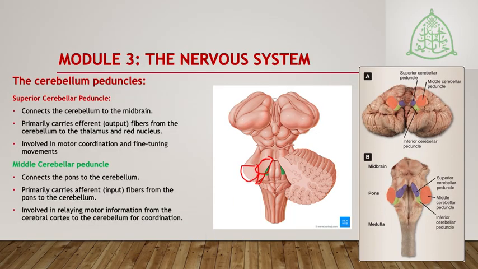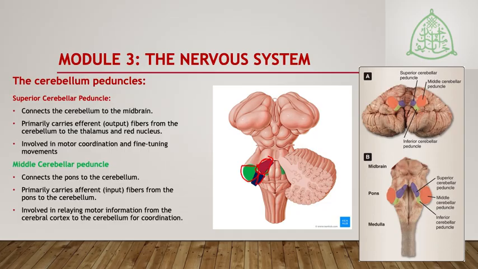Then, like we mentioned earlier, we have the middle, superior and inferior cerebellar peduncles, and like I said, the superior peduncle is connecting the cerebellum to the midbrain, and it takes the information all the way up to the cerebral cortex, while the middle cerebellar peduncle connects the pons to the cerebellum, and primarily carries input information from the pons to the cerebellum, just like we mentioned earlier on.